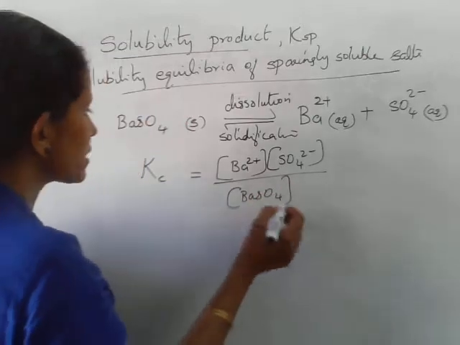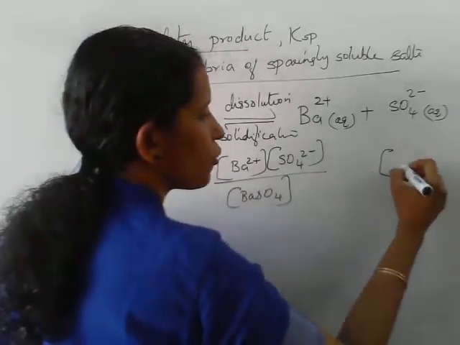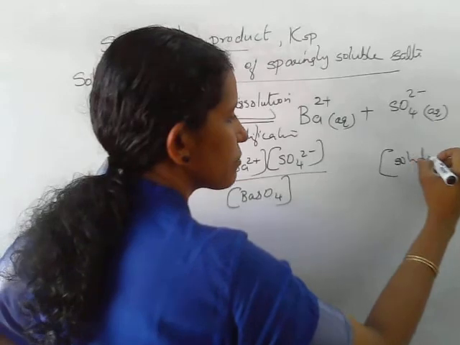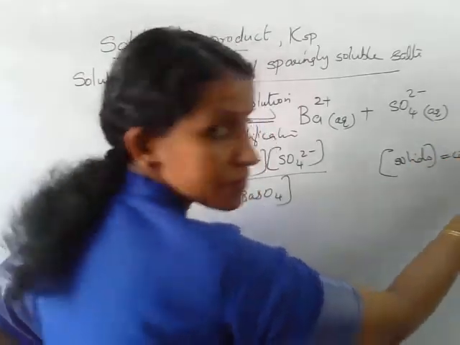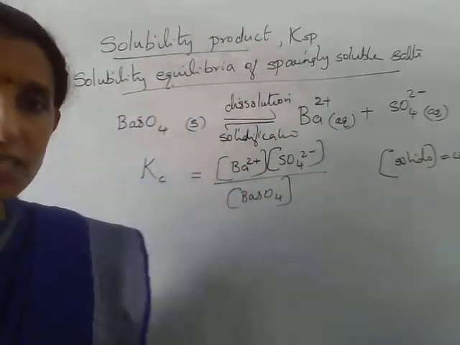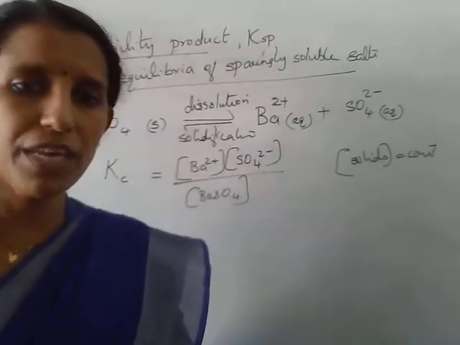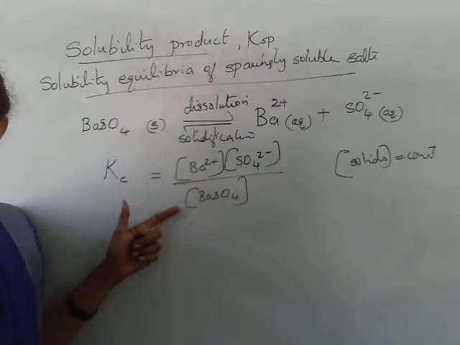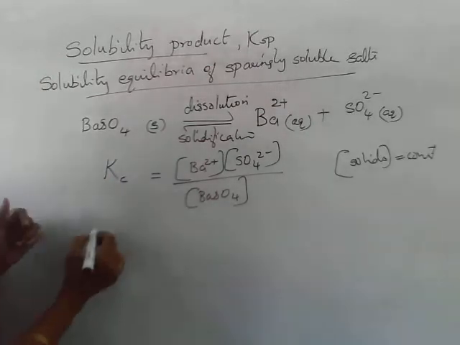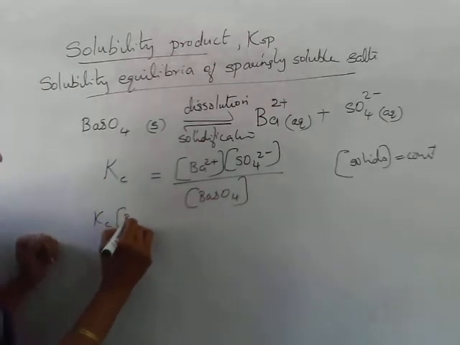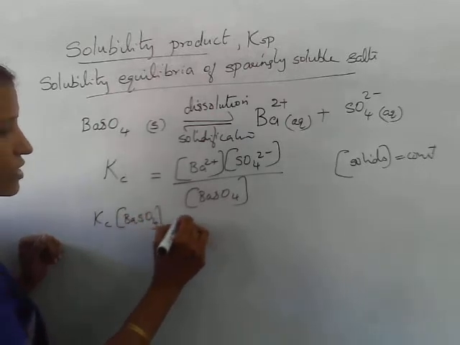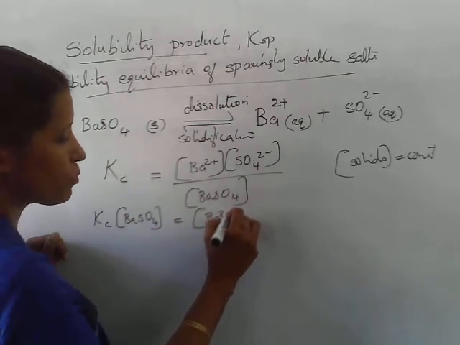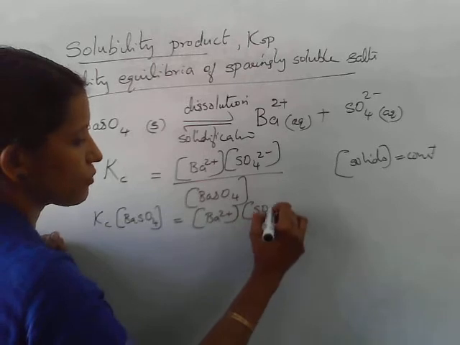We know barium sulfate is a pure solid, and the concentration of pure solids remains constant. So this denominator is a constant. If that constant is taken to the left hand side, we get Kc times the concentration of barium sulfate, which is equal to the concentration of barium 2+ times the concentration of sulfate ion.